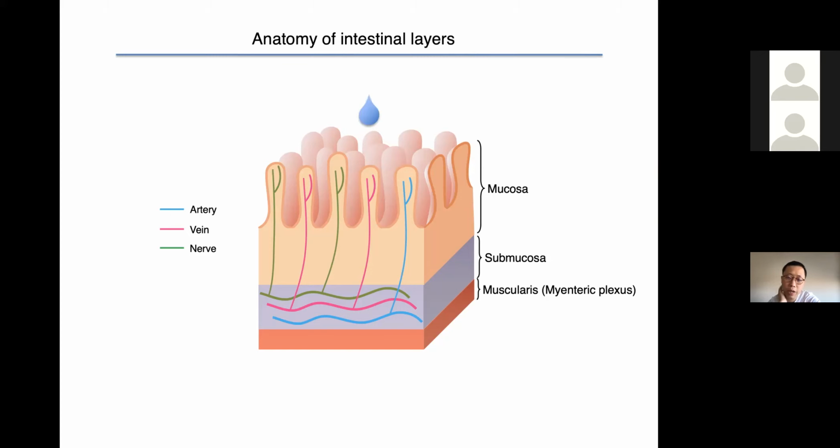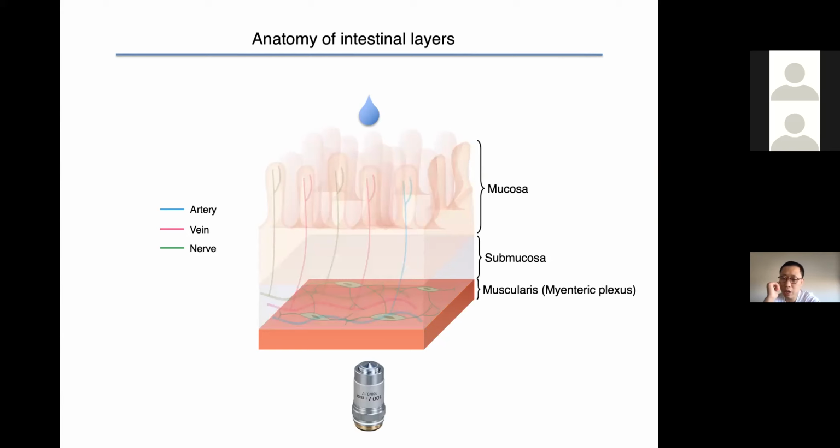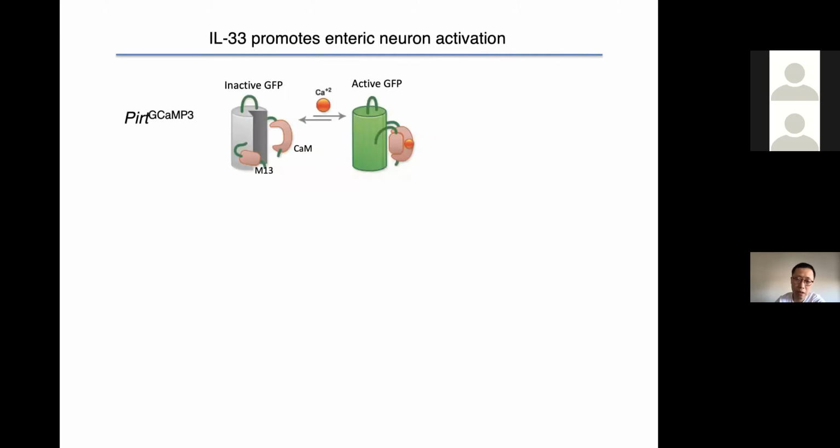If you apply different reagents on top of these tissues, we can use a long-distance confocal microscope to monitor the enteric neurons, which are located in the muscularis layer, also called the myenteric plexus. We can use GCaMP indicators to monitor how the neurons respond in this particular structure.